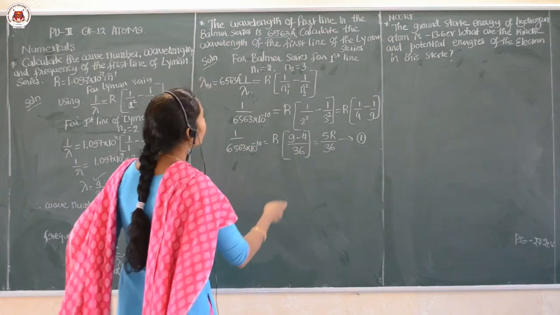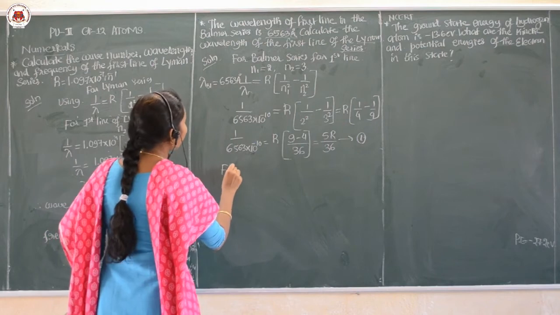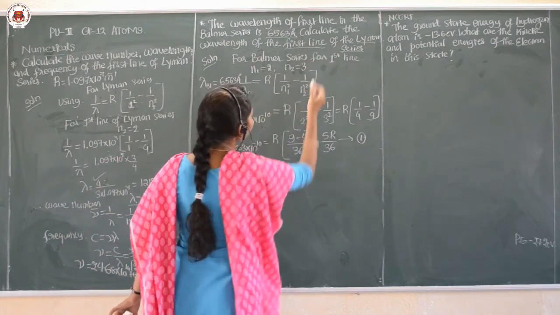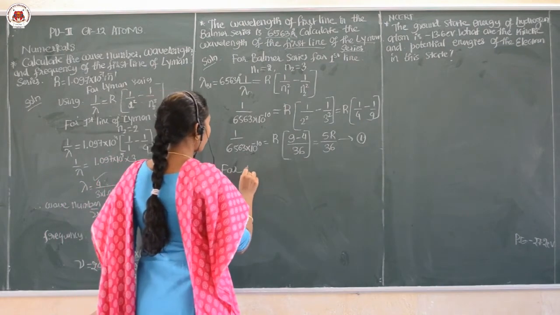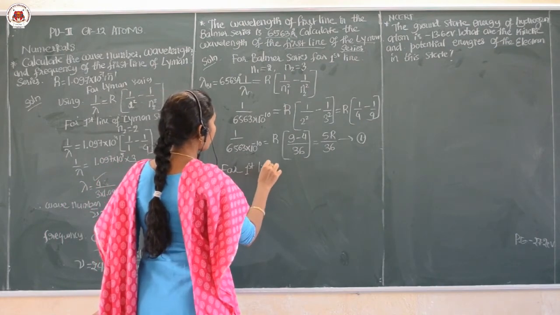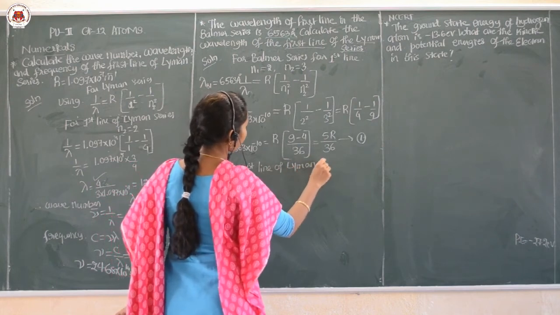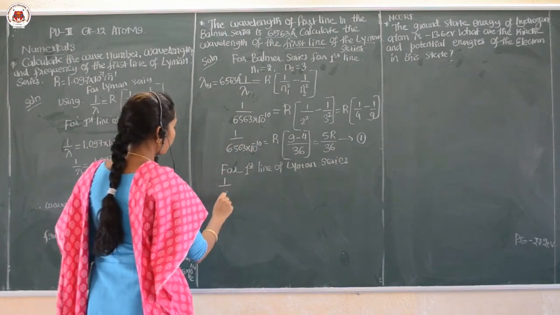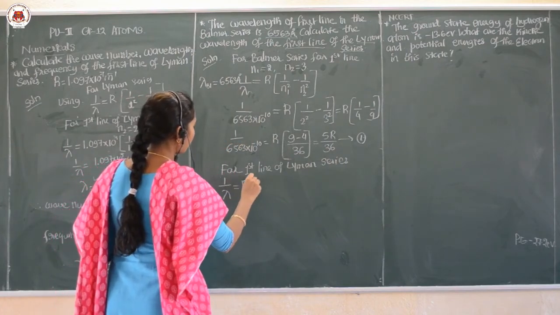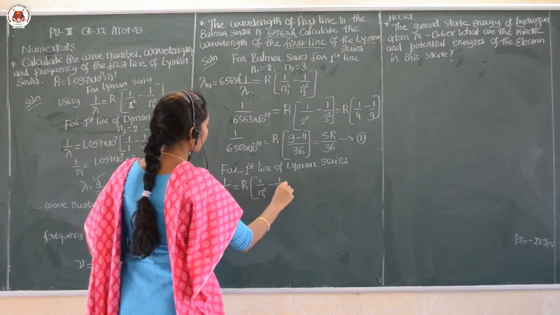Okay. Then now let us take the Lyman series. For which line they asked here? First line of the Lyman series. For the Lyman series, 1 by lambda is equal to R into 1 upon n1 square minus 1 upon n2 square.